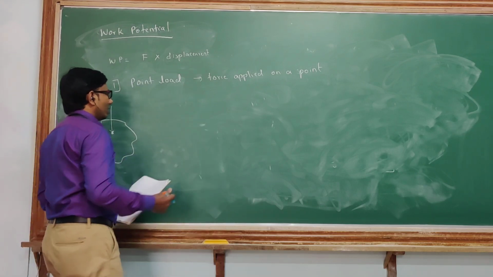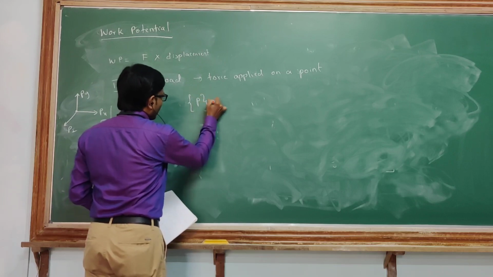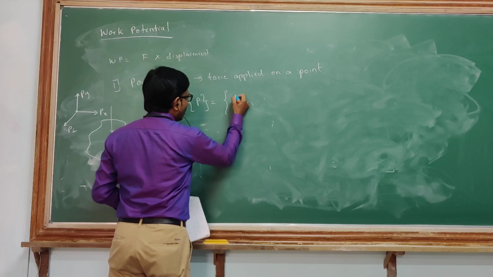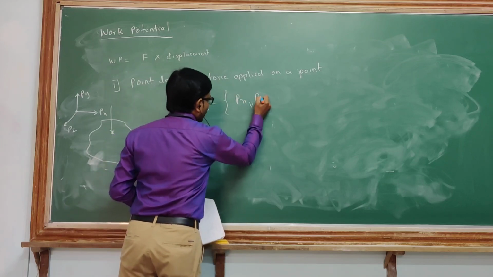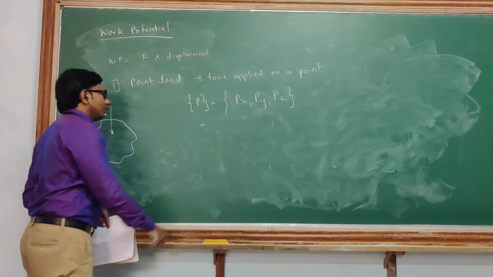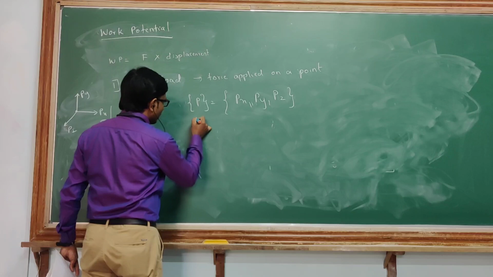I am writing a general equation for work potential. If I take P as a parameter for point load, what will be the components? Px, Py, Pz are the three forces. What are the equivalent displacements?